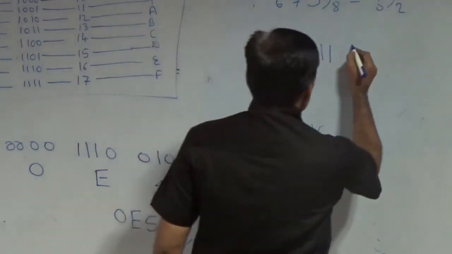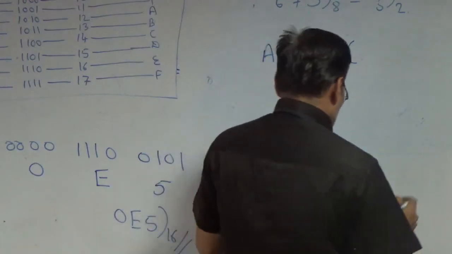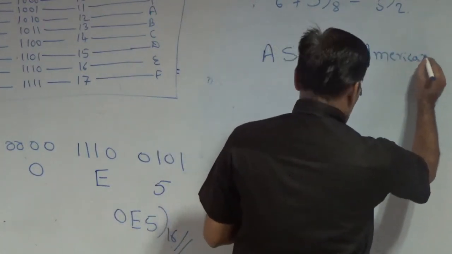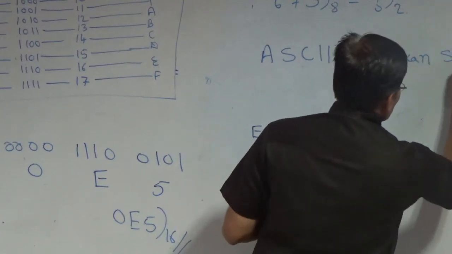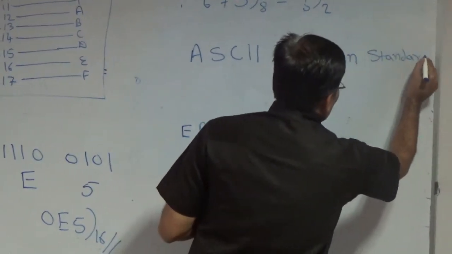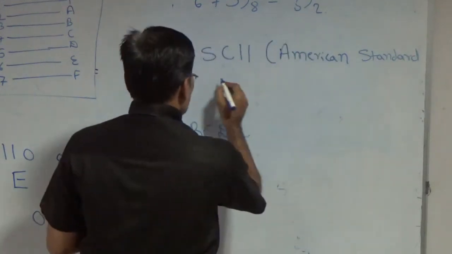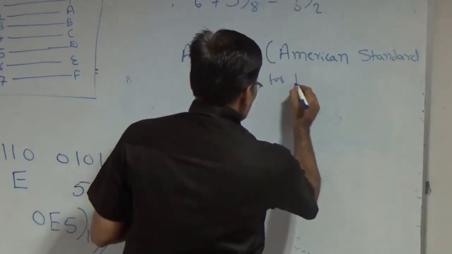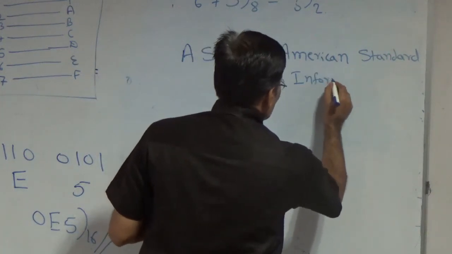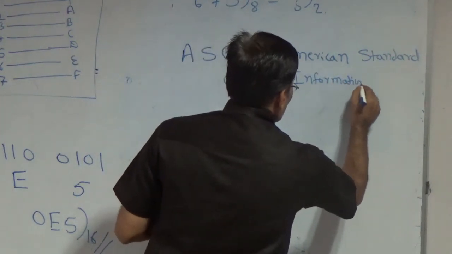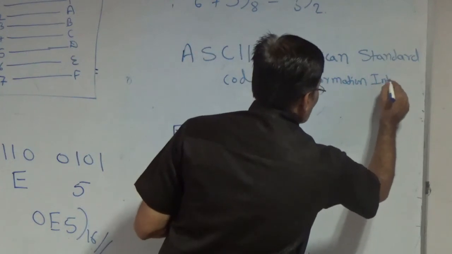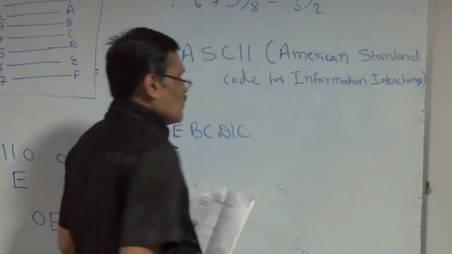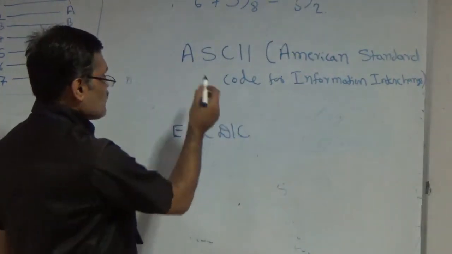ASCII means American Standard Code for Information Interchange. Just remember these full forms, which will be asked in the examination.